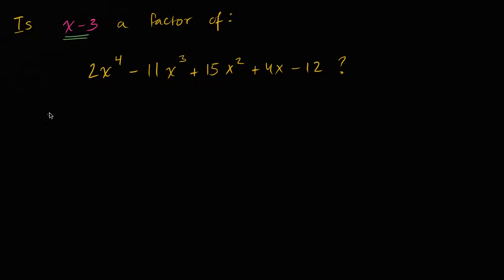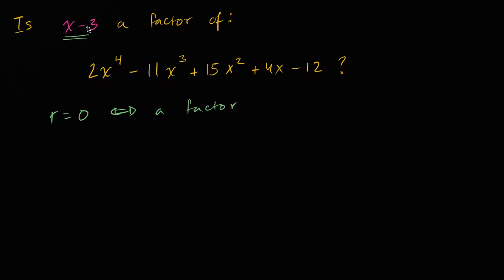So if the remainder is equal to 0, the remainder is equal to 0 if and only if it's a factor. It is a factor. And we know a very fast way of calculating the remainder when you take some polynomial and divide it by a first degree polynomial like this.